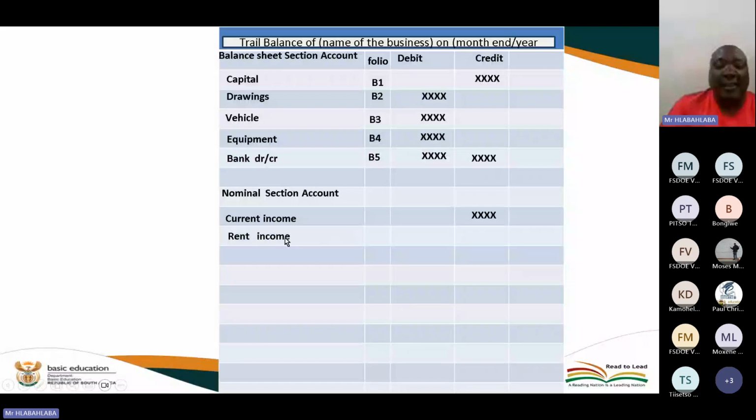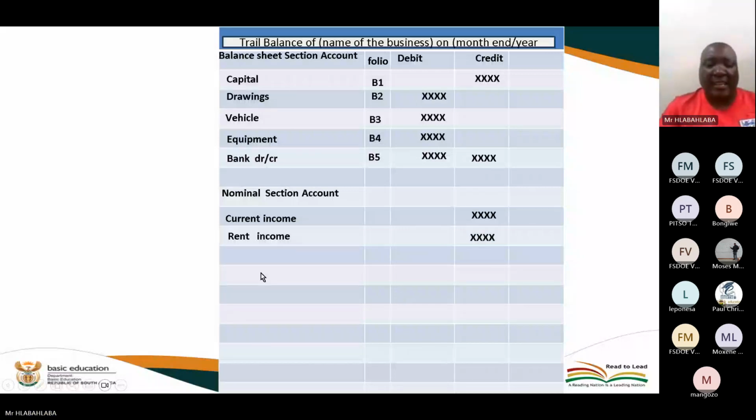Rent income, because it is an income, it will go to what side? It will go to the credit side. Salaries go to the debit side, because we are paying our workers, it is not money coming into the business.